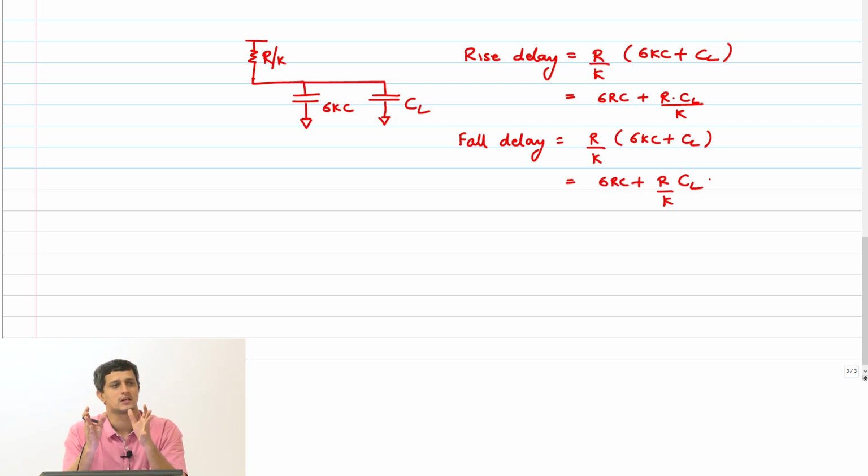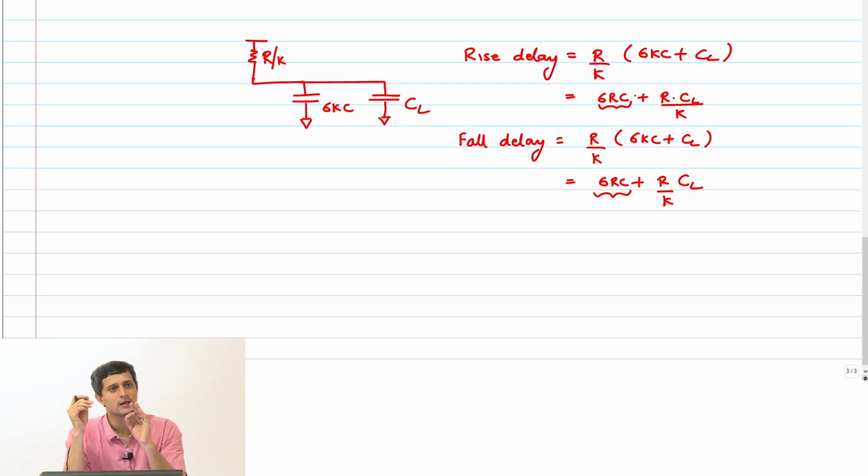So what does this tell us now? The delay has two components. One is a parasitic delay, which is completely independent of the gate size that we have chosen, or the gate's drive strength that we have designed, right? 1x, 2x, 3x, it doesn't matter. The parasitic delay is a fixed number.